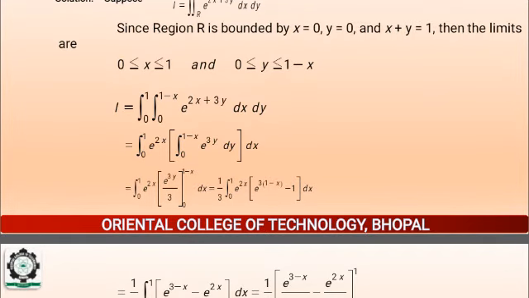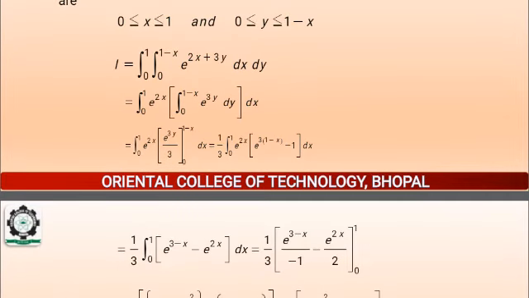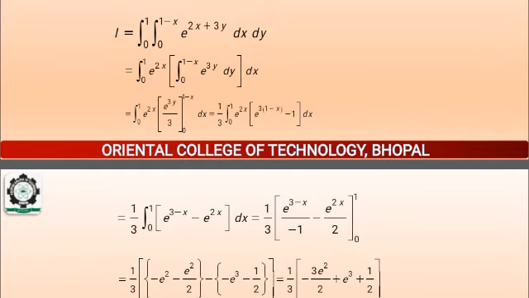Integral I becomes integration 0 to 1, 0 to 1 minus x of e to the power 2x plus 3y dx dy. e to the power 2x plus 3y can be written as e to the power 2x into e to the power 3y, and integration of e to the power 3y with respect to y is e to the power 3y upon 3, and limits of y are 0 to 1 minus x.